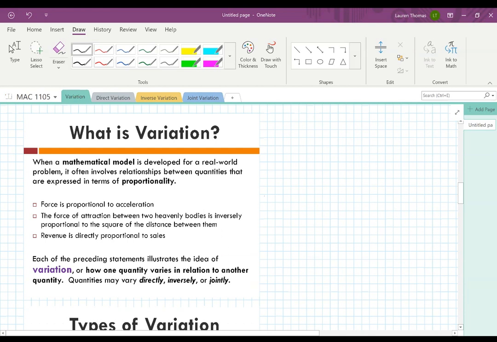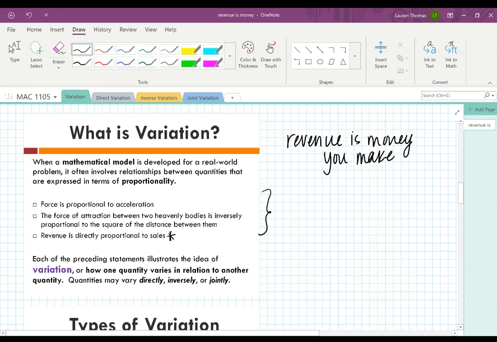Of these three examples, the one you're probably most familiar with is the last one, which says that revenue is directly proportional to sales. We all know that revenue is the amount of money you make after you have sold something, and sales is the amount that you sell.